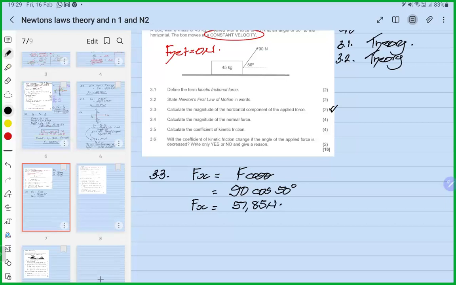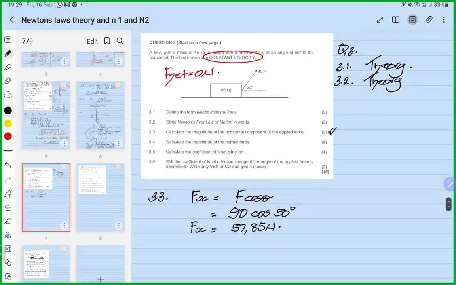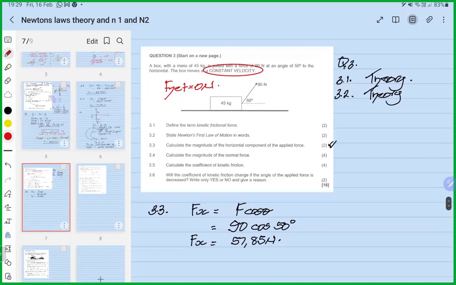Calculate the magnitude of the normal force. Actually, what we should have done, even before we worked out 3.3, my mistake, is draw the free body diagram. They didn't ask you for that here. Always draw it. There's my object. There's my Fx. There's my Fy.